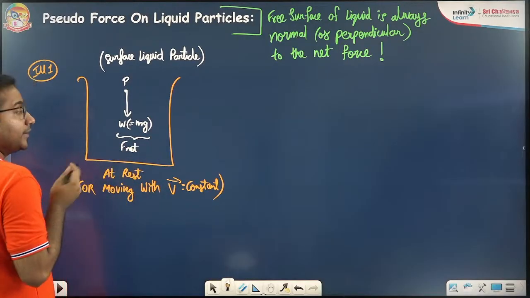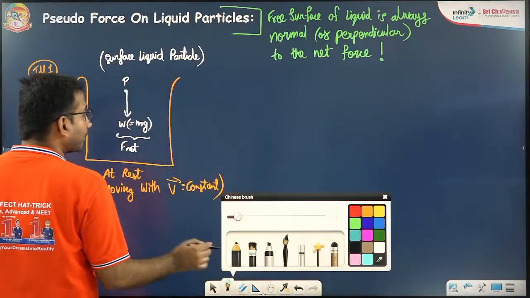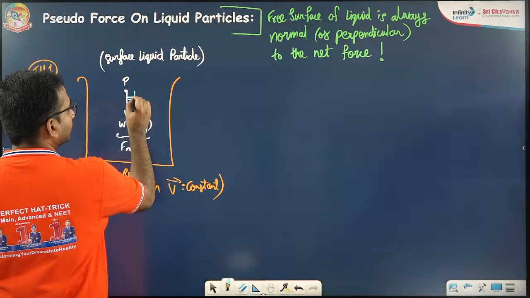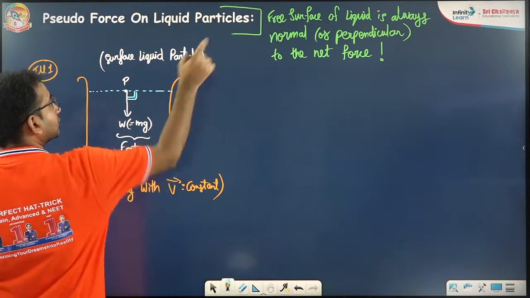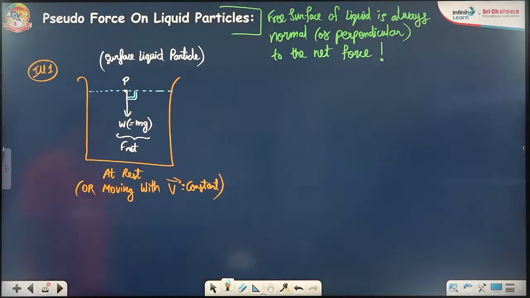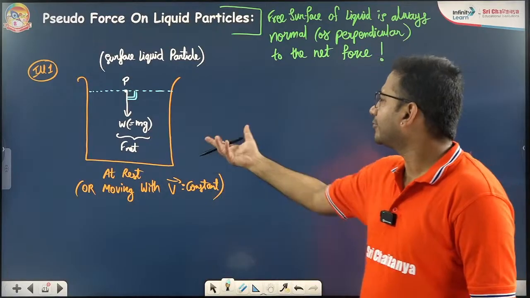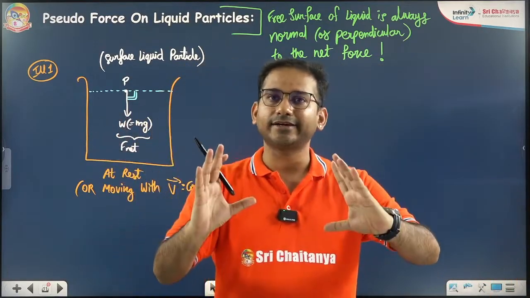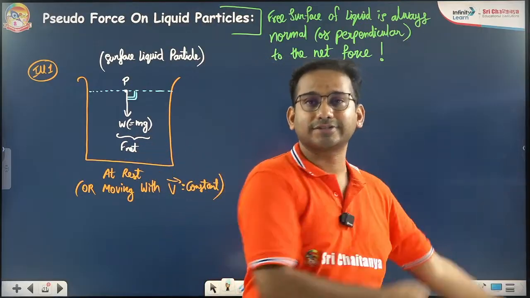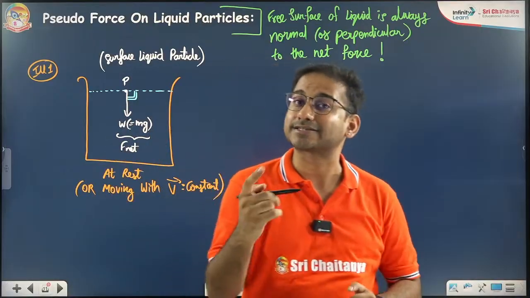This one force can be called the net force. If you have got the net force here, then perpendicular to it, you should imagine the free surface of the liquid. That's what I have written. The free surface of the liquid is always normal or perpendicular to the net force. It's a very common situation, which means if you take a beaker and either keep it at rest or move it with uniform velocity, not suddenly, if you are moving suddenly it will spill over because it is an accelerated motion.